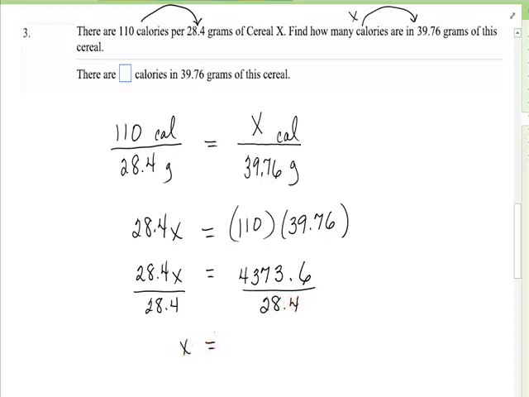I get x is equal to, back to my calculator, that answer divided by 28.4, and I get 154. So if I were filling in a sentence, there are 154 calories in 39.76 grams of the cereal.